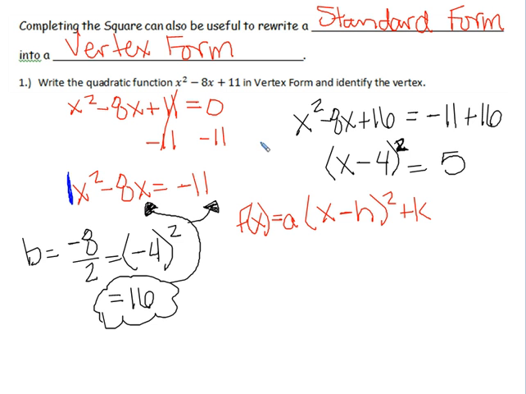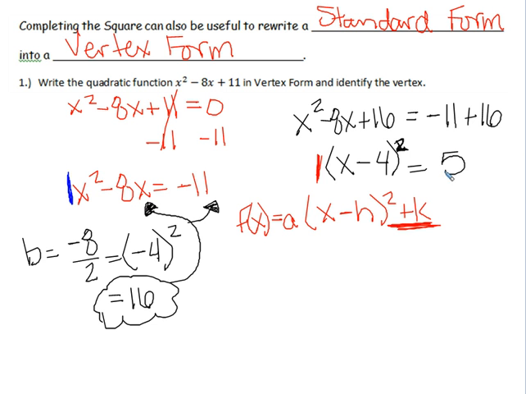So here's vertex form. Notice how what we have up here kind of fits the format. We have an x and a number with it on the inside, being squared. Our little a value out front is 1, just like we said it was over here. But in this particular case, we have a number on the other side of the equal sign, and we want that number next to this parenthesis group that's being squared.